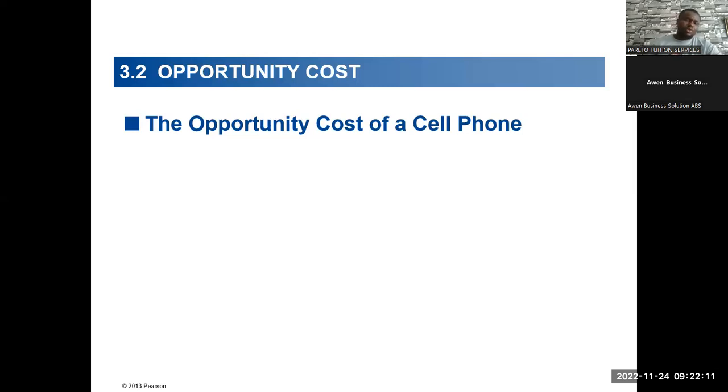Cell phone. So we just use the idle ones to produce the extra unit of what? Cell phone. So there will be no sacrifice. We wouldn't have to sacrifice any unit of DVD. So that makes it a free lunch.